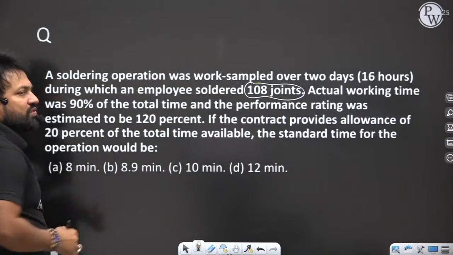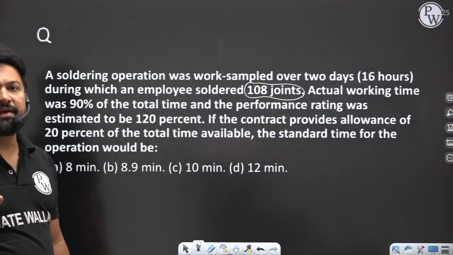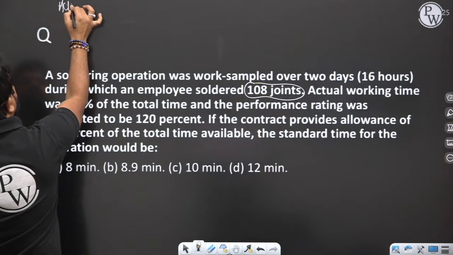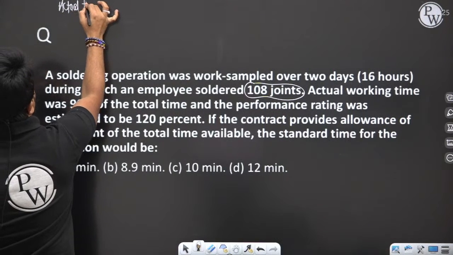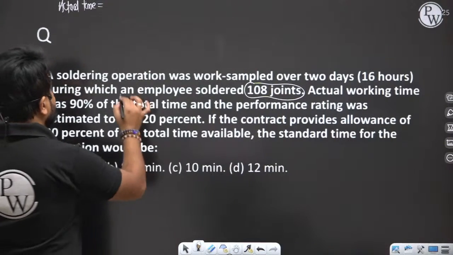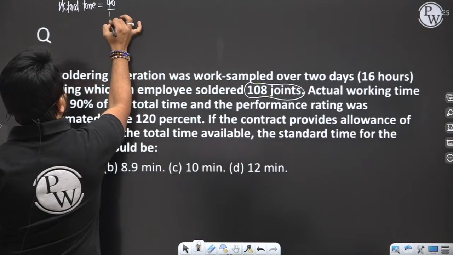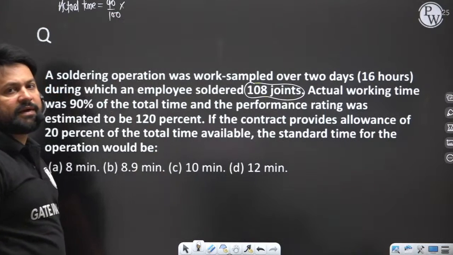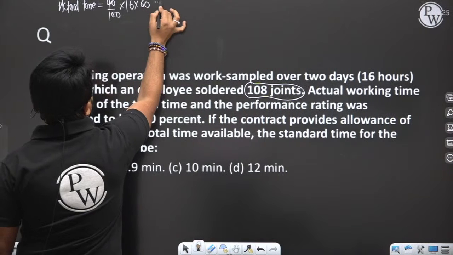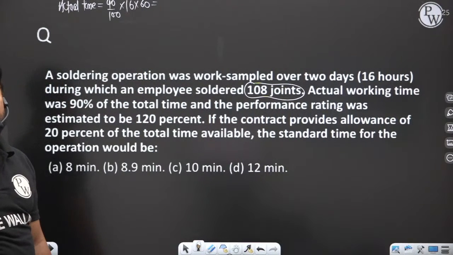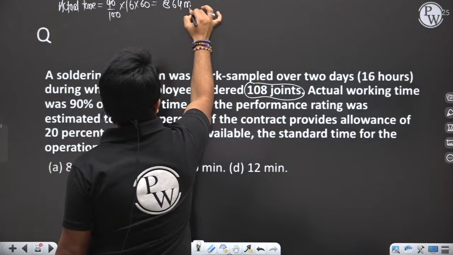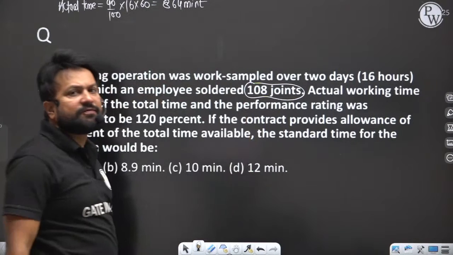The actual time will be 90% of 16 hours. Converting into minutes, it will become 864 minutes.